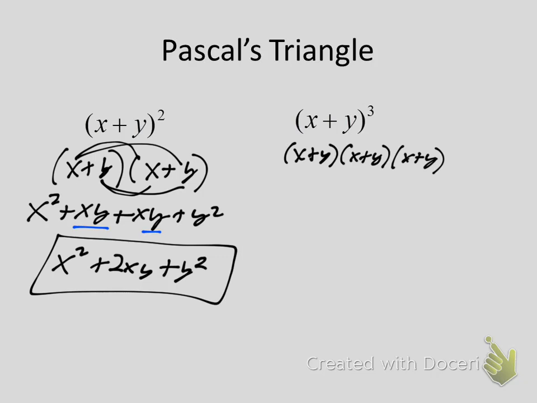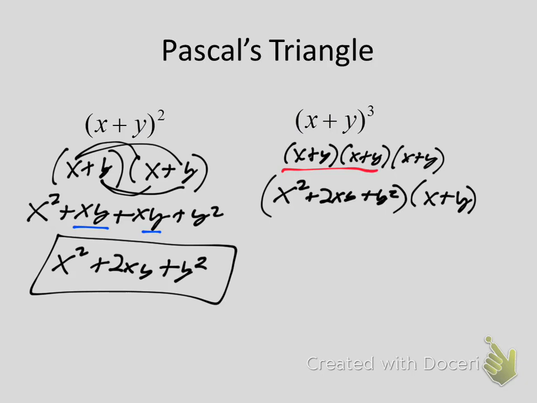I'm going to pick up the first 2 FOILs, right? These 2 are just the same ones that we just did. So that'll be x squared plus 2xy plus y squared times another x plus y, turning it into a problem that we did last lesson, right?